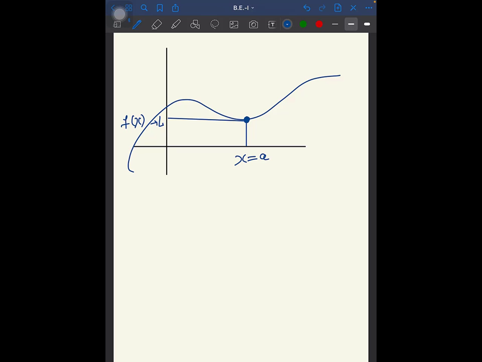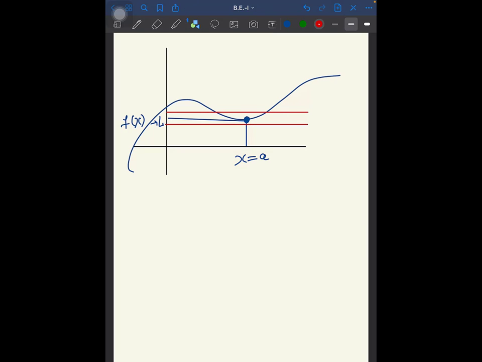Now, if you draw lines around this point, so let's say you put a challenge over here and draw lines around this L. Let's say these are the two lines.